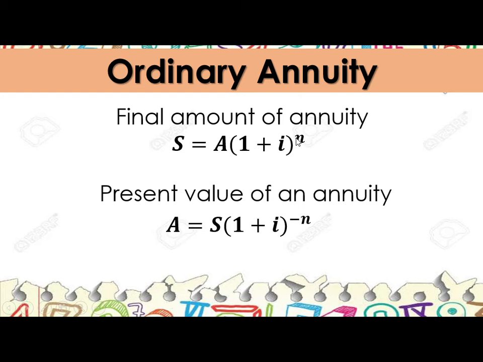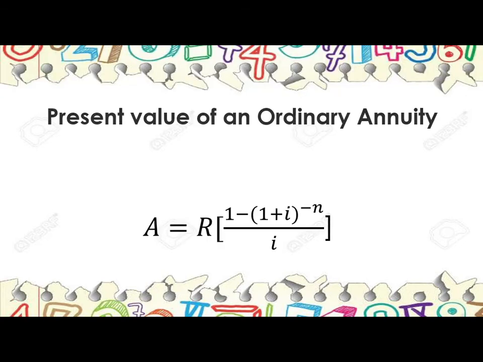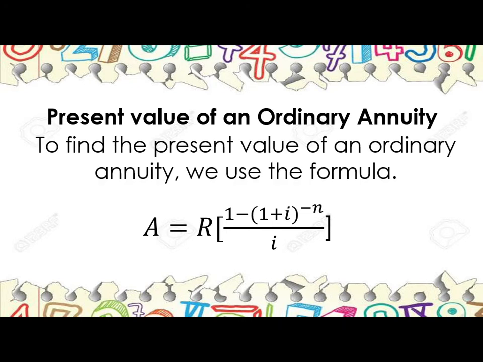And through this concept of compound interest, we can come up with this idea: if you're looking for the present value of an ordinary annuity, then we come up with this formula, A equals R, quantity 1 minus 1 plus I raised to negative N, all over I, wherein this A will serve as the present value.